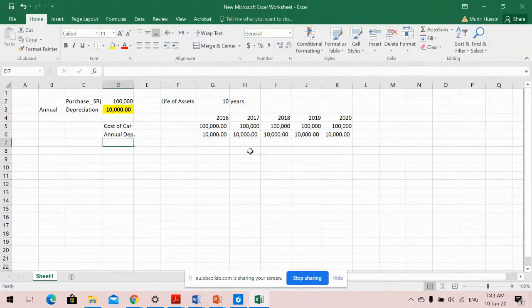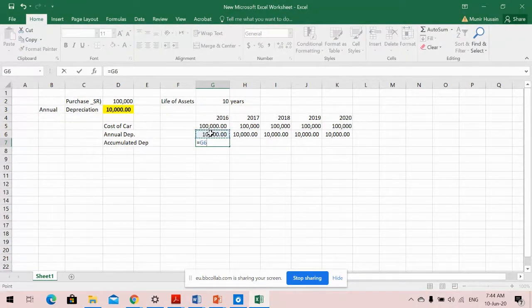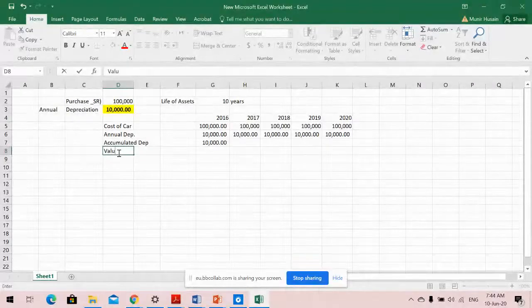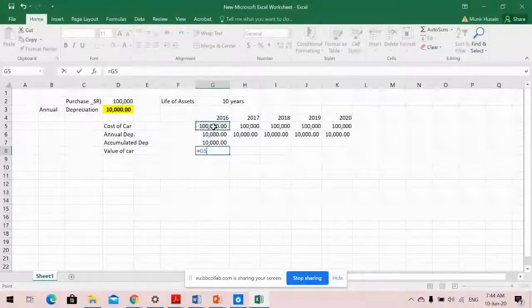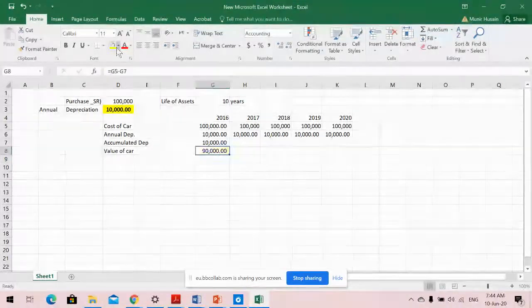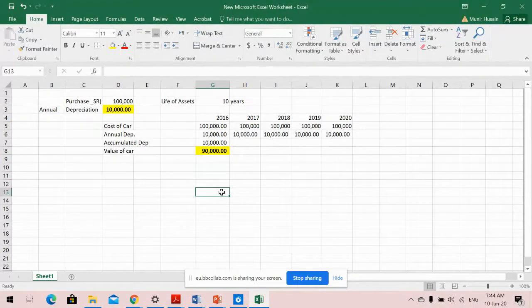Now what we need is our accumulated depreciation, the total depreciation every year. In year one, our total depreciation is 10,000. So the value of our car is 100 minus 10, which is 90. This is the value of our car, right?